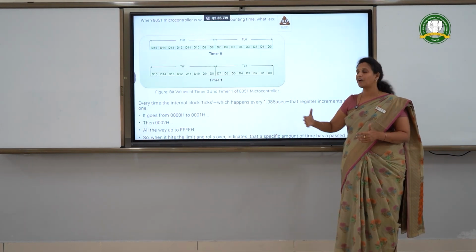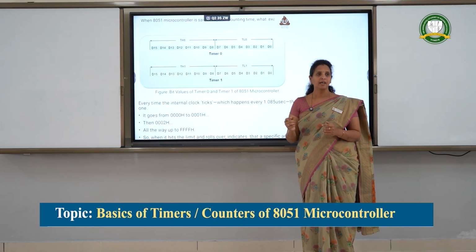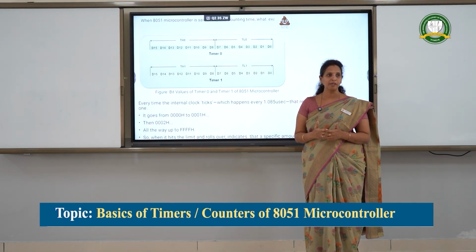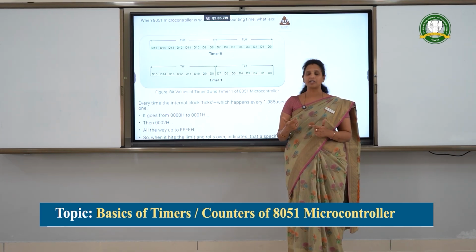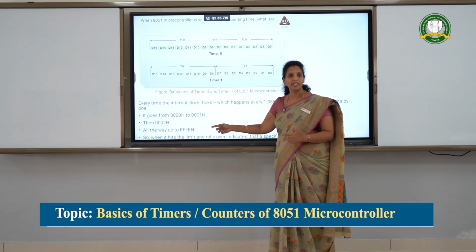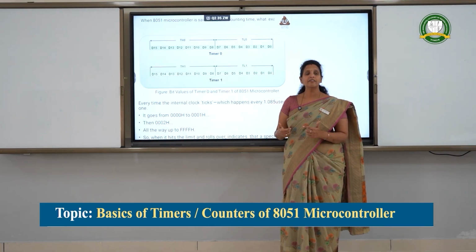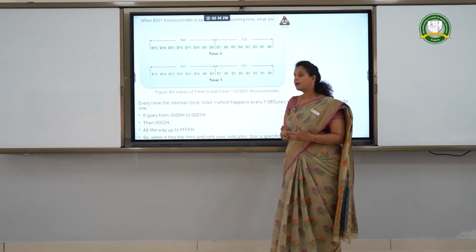By default, the value present in these registers is 0000H, H indicating hexadecimal. Whenever the clock ticks, the value is incremented by 1. It becomes 0001H. When the clock ticks again, the value is incremented again to 0002H.